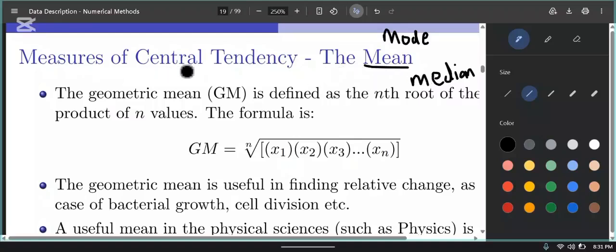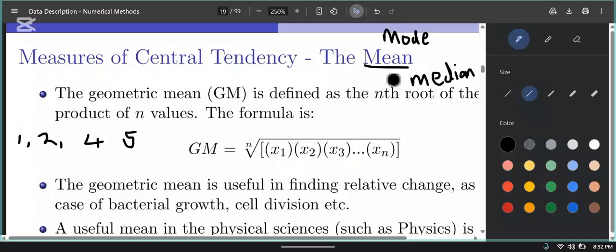These measures of central tendency are simply numbers that are used. One single number is used to represent a lot of numbers. For the mean, you can have, let's say, these numbers, I'm just making them up. You can find the average or the mean of all these four numbers, and that average or mean will just be one number, but it's going to represent all these numbers.